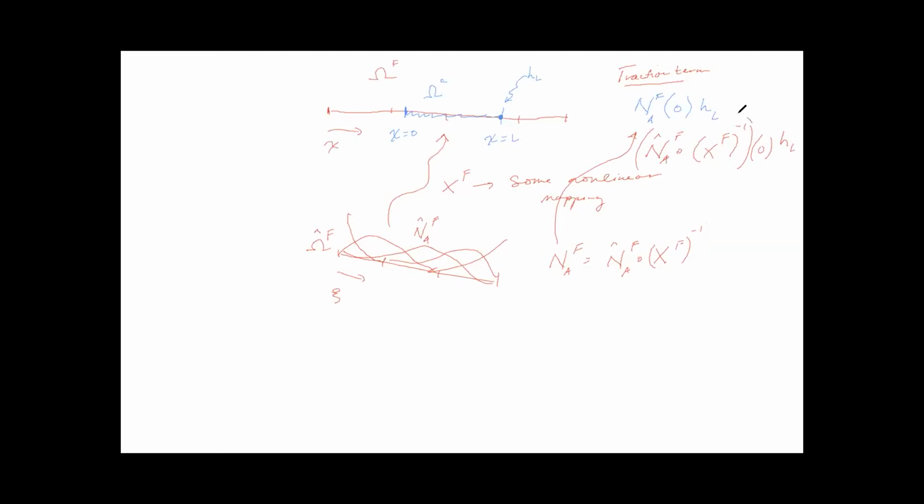So this inverse is needed because it's in the definition of the basis functions in physical coordinates. So if we give you an x value, the only way that we can evaluate this basis function NF without the hat is to first map it through the inverse back to the place where the basis functions are actually defined, which is in the parametric domain.